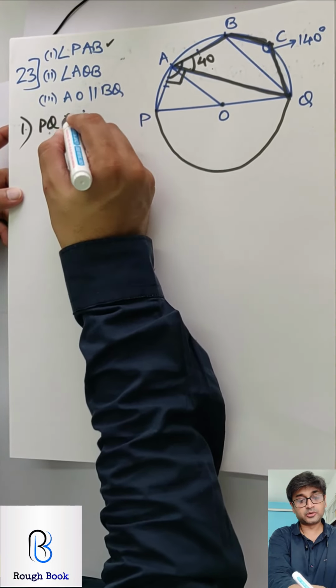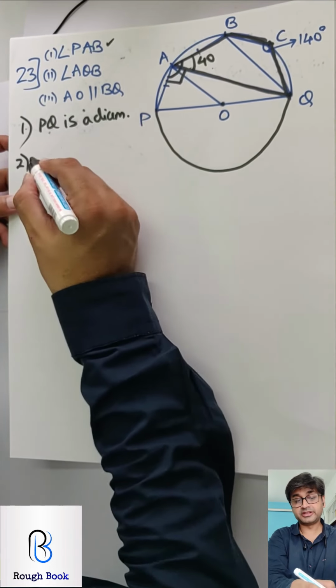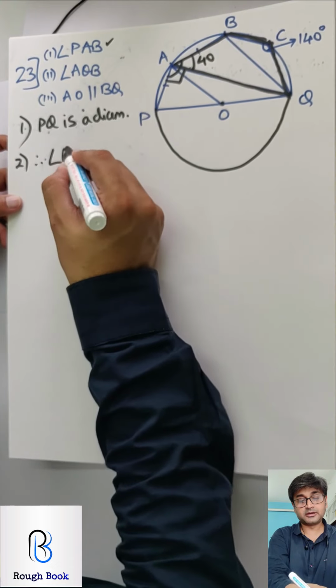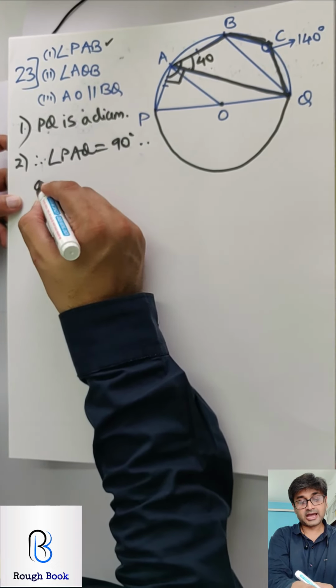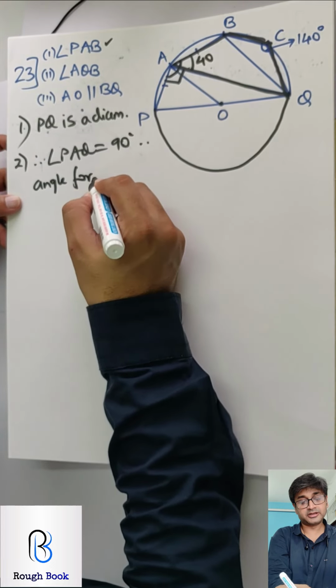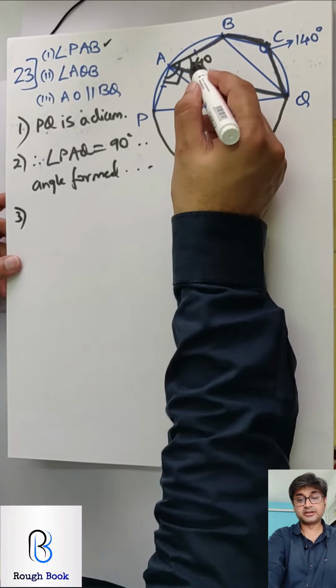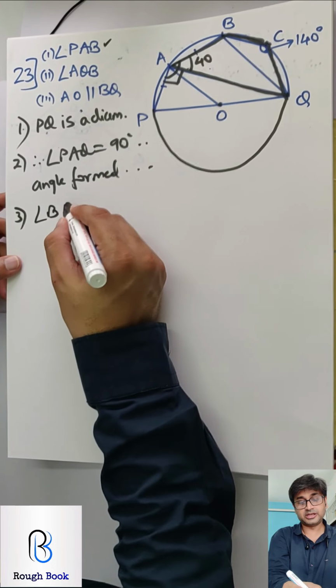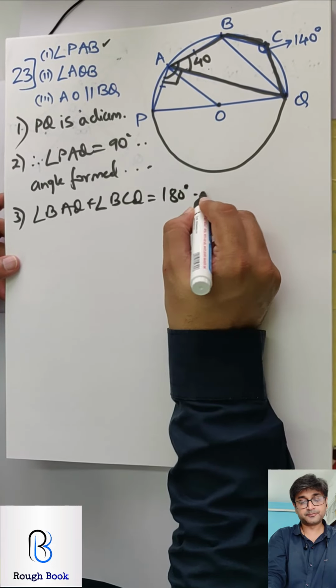So you can say PQ is a diameter. No short forms in the exam. Therefore angle PAQ is 90 degrees. Reason will be angle formed in a semicircle is a right angle. So we got this 90. Now for the second part, we will say BAQ plus BCQ is 180.